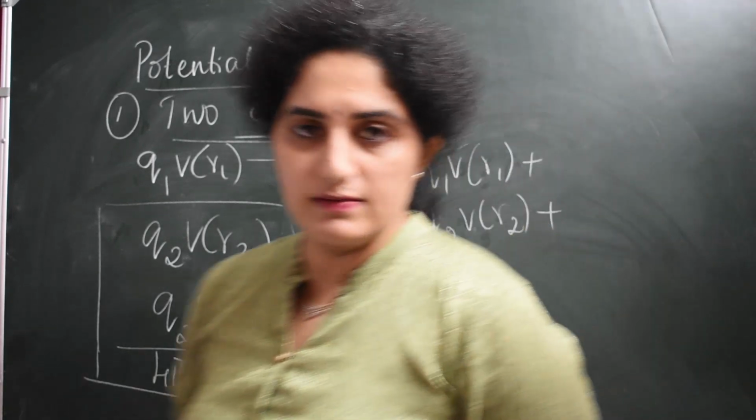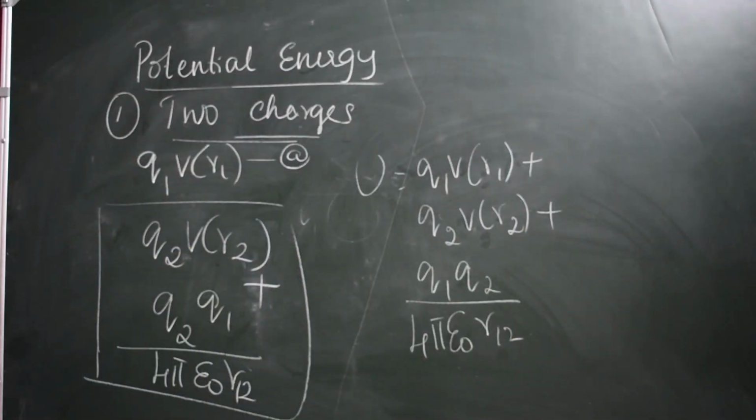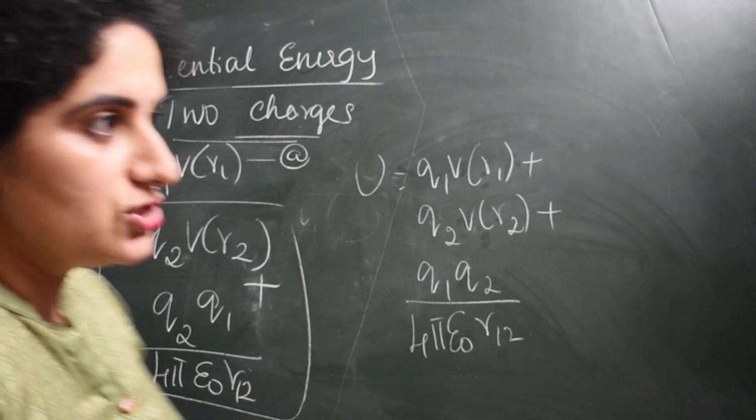I will write it as R12 so that it is clear for you. That is, it is the distance between the charges Q1 and Q2, where V of R1 is the potential at the point and V of R2 is the potential at another point R2. And now when you add all these three using the superposition principle, you get the total potential energy of the system of two charges.